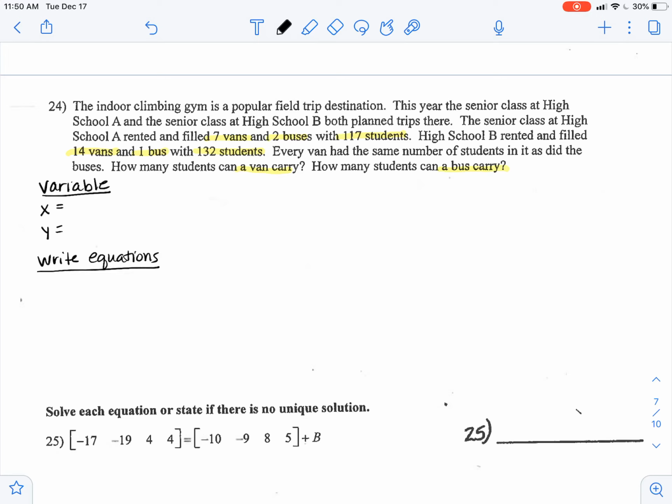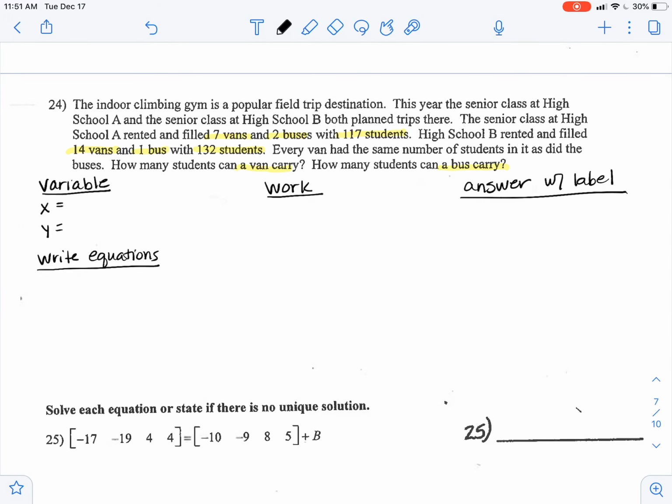If you need to listen to me read the problem again, I can. Then we are going to show our work on how we get our answer, and then you need to give me an answer with its label. Okay, tell me what each answer stands for. Pause and work the problem.